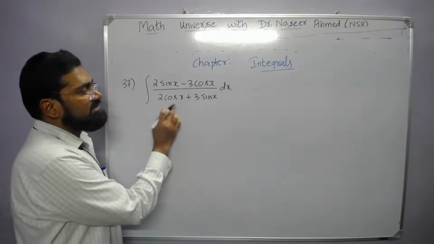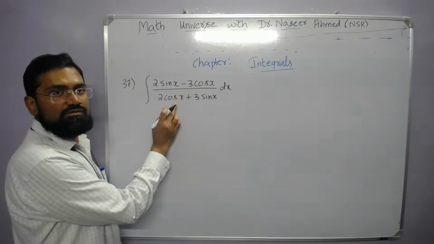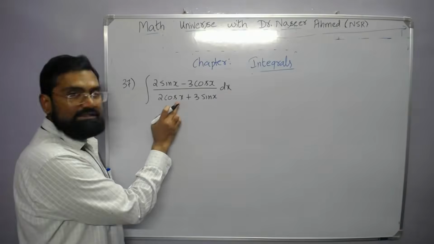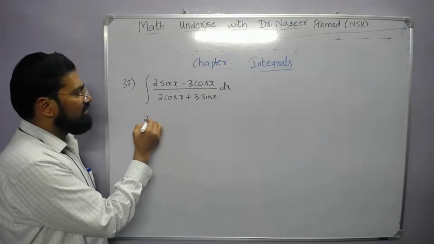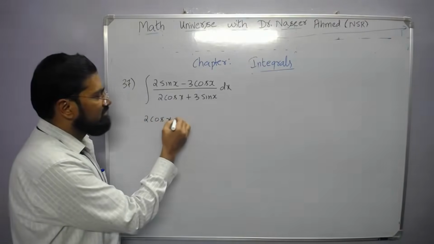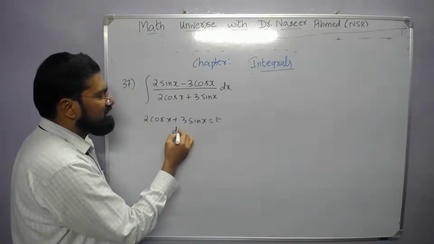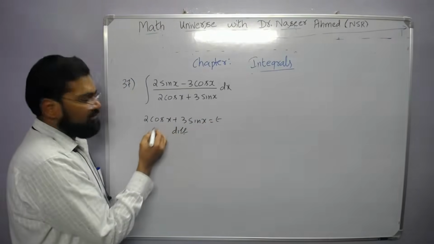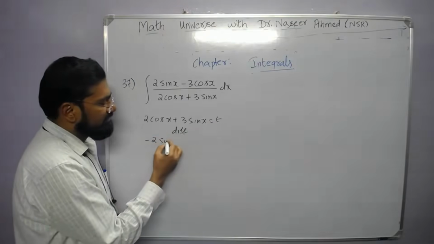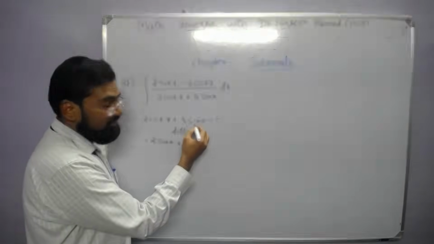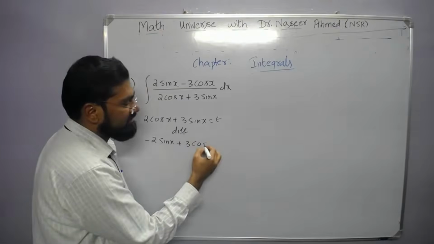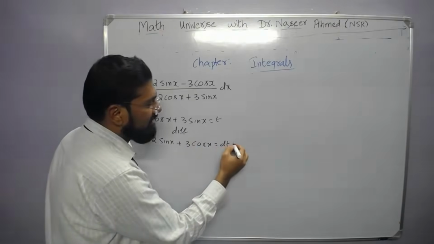If I take the denominator as t and differentiate it, the derivative is minus 2 sin x plus 3 cos x, equal to dt by dx.